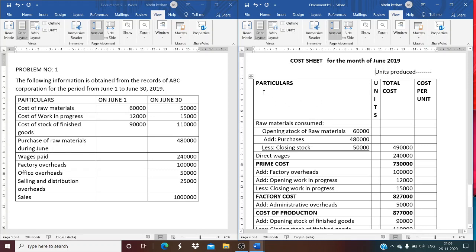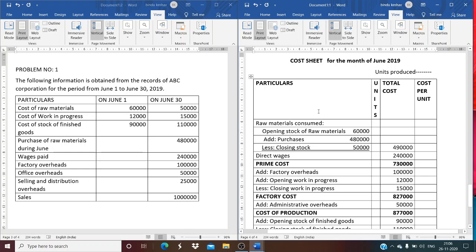The columns you can see are particulars, units, total cost and cost per unit. In this problem, we do not have information regarding the number of units produced, so we will not be able to record it here, and we will not be able to find out the cost per unit. We can find out the total cost only.